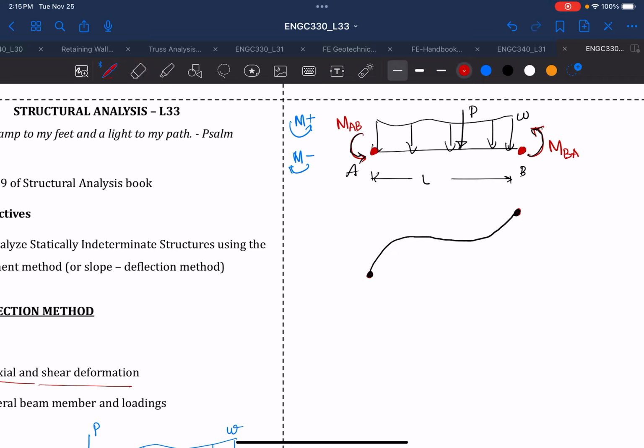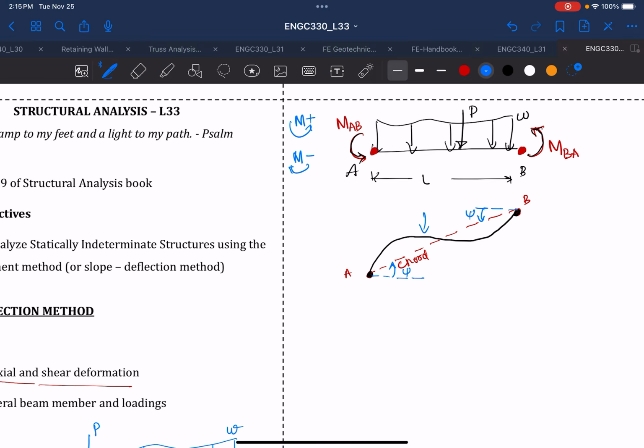If we draw a straight line between A and B, that is called a chord. This chord is the original displacement, and its angle with respect to the horizontal will be the chord angle.